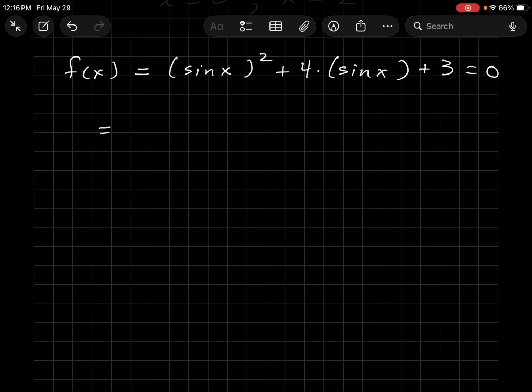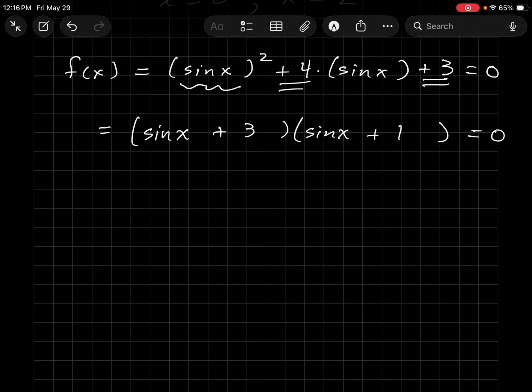So instead of x times x, we'll have sine x times sine x when we factor. Multiply to positive 3, add to positive 4. And then we can say sine of x equals negative 3, or sine of x equals negative 1.